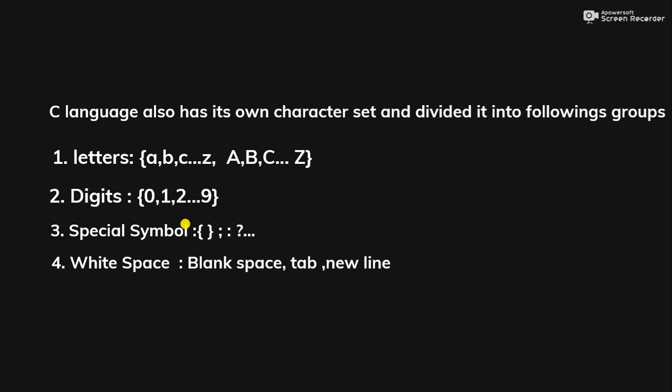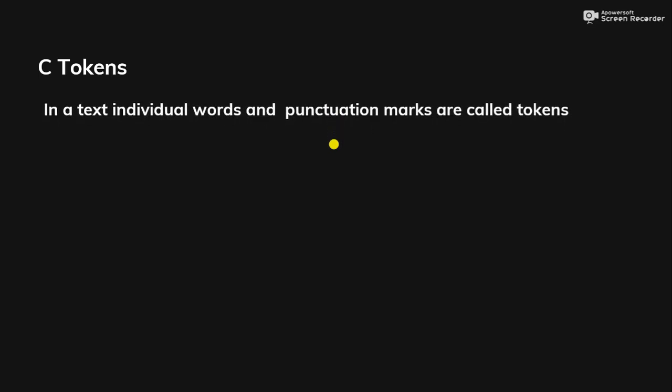So character sets are the individual units that are used to write our C programs. And here in this slide we are going to study C tokens. In any text, individual words and punctuation marks are called tokens. Here in this sentence we have various types of tokens.